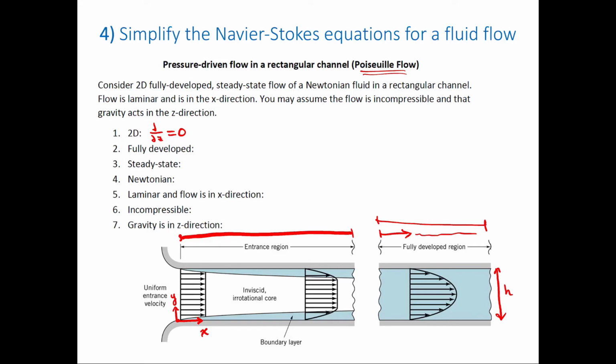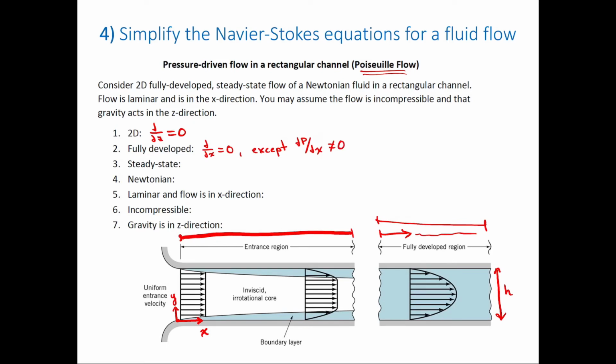So we're saying it's fully developed, so everything over on the far right-hand side, if it's not changing with any increase in x, then we could say that the partial derivative with respect to x is equal to 0. However, except we'd say that the pressure gradient might not be 0.